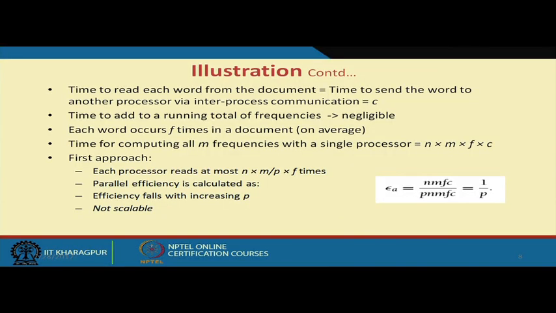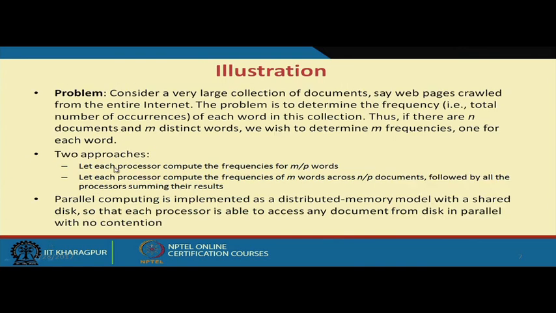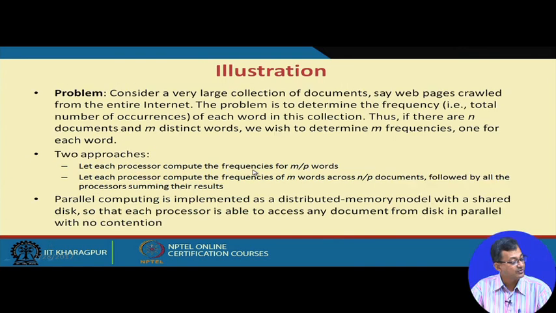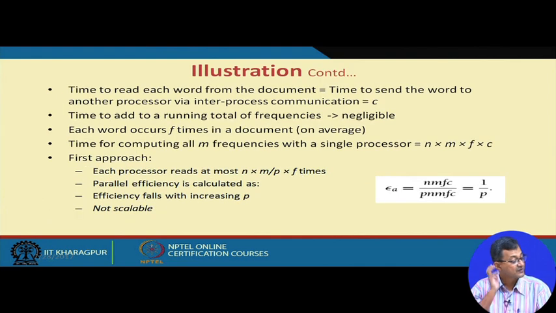Now the first approach was this one: let each processor compute the frequency of m by p words. So, each processor reads at most n into m by p into f times. The parallel efficiency is calculated as n m f c divided by p times n m f c by p, so 1 by p.